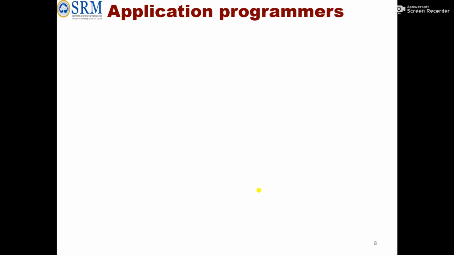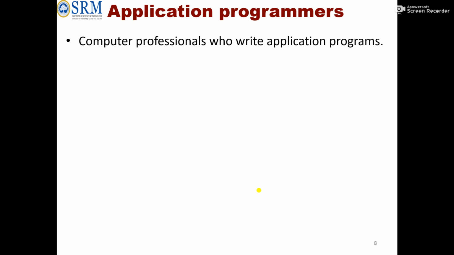And next, the application programmers. The application programmers are computer professionals since they are writing the application programs. The users who intend to access the database through the application programs are called application programmers. They are computer trained, computer professionals, since using their comfortable programming languages, they write their own code.